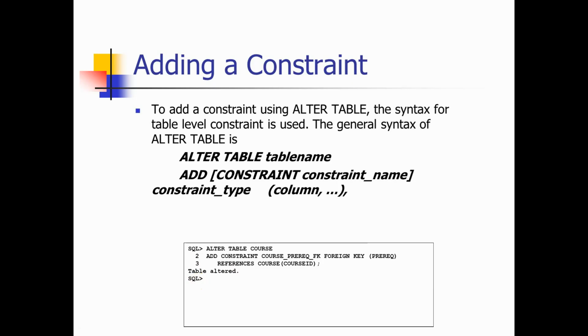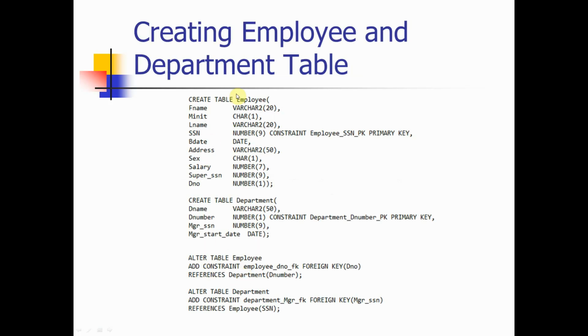So when you see that, if you see a new row number come out and the cursor is blinking there, that's Oracle giving you a hint that it's waiting for a semicolon. So if you do that successfully, you will see table altered, indicating that the constraint has been added. And therefore, you can see that the way of creating those two red foreign keys is in here.